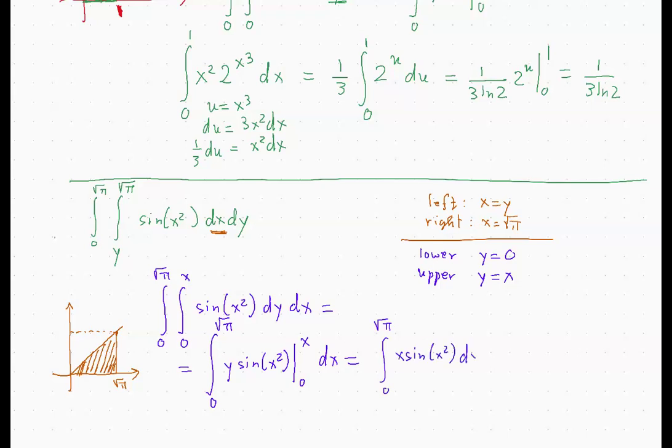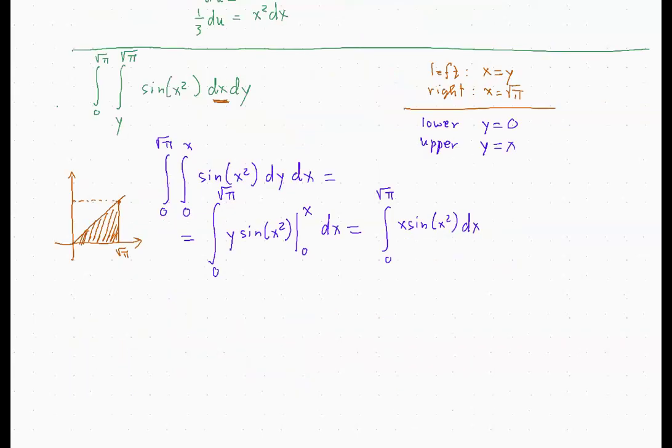Now you can do a substitution. So u is equal to x squared, du is equal to 2x dx, or x dx is equal to 1/2 du. And this will end up being 1/2 integral of sine of u du.